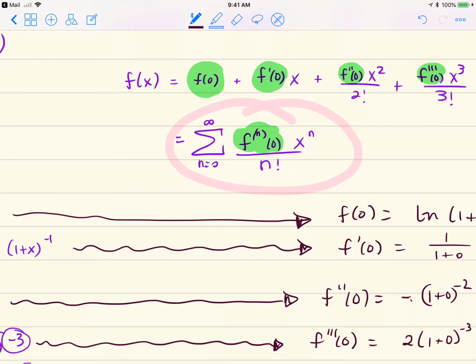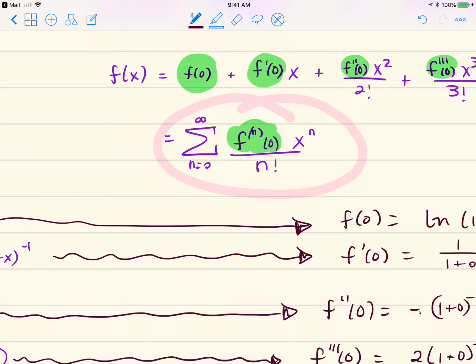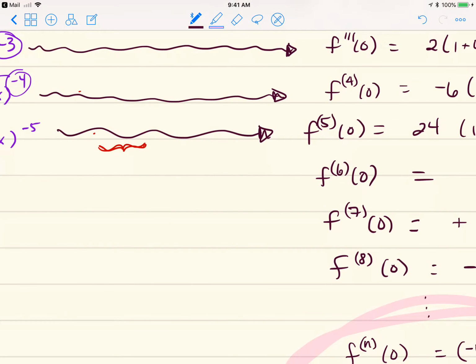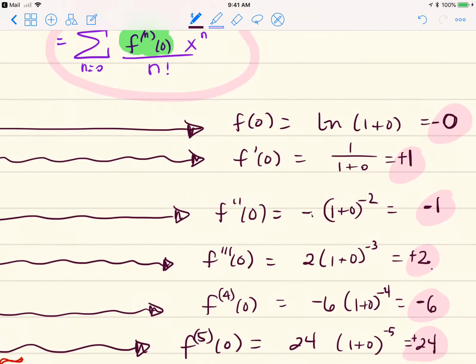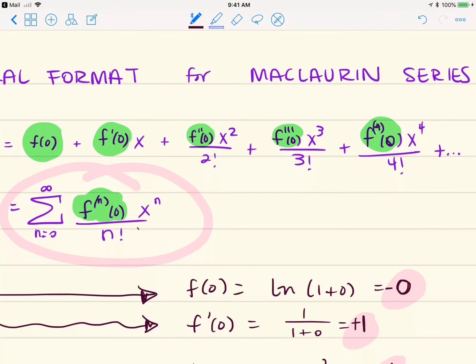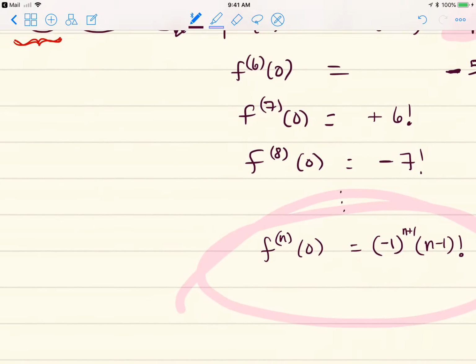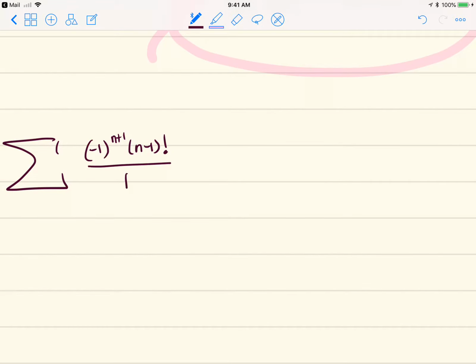Now, instead of the nth derivative at 0, we're going to put in negative 1 to the n plus 1 times n minus 1 factorial for our numerator. The denominator is going to be n factorial over n factorial. Then we have times x to the n, starts at 0.